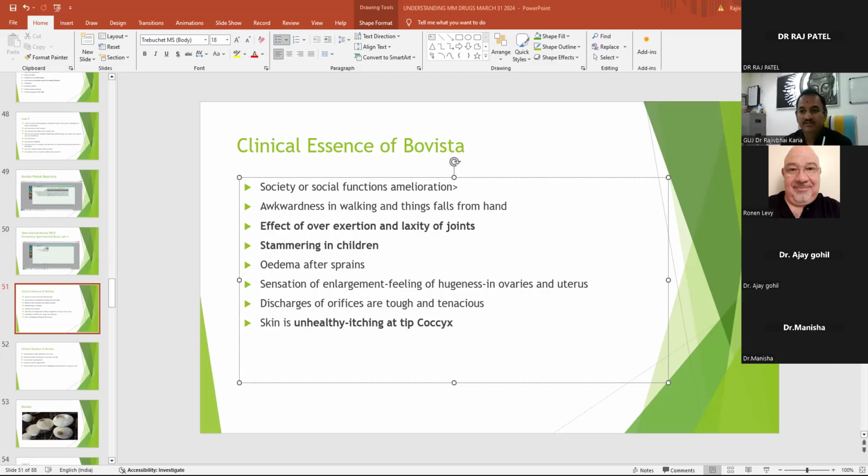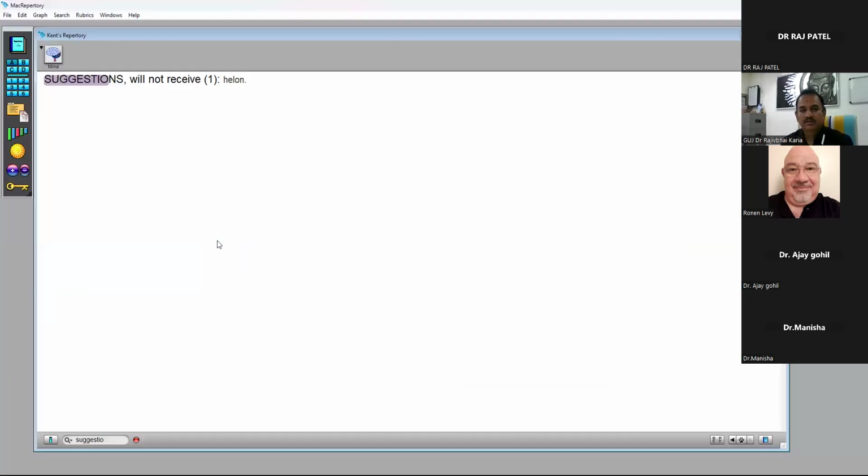Suggestion will not receive. Helonias is the only remedy in Kent's repertory under suggestion will not receive. I like to show this.